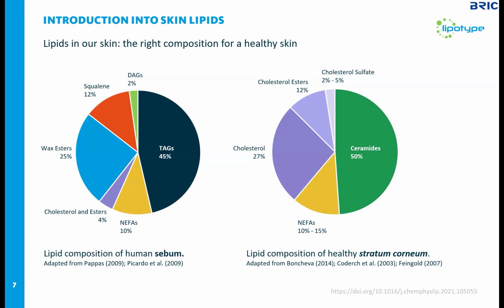Stratum corneum consists of 15 to 25% of lipids, and 50% of these lipids are ceramides, followed by cholesterol, non-esterified or free fatty acids, esterified cholesterol, and a very small amount of cholesterol sulfate.